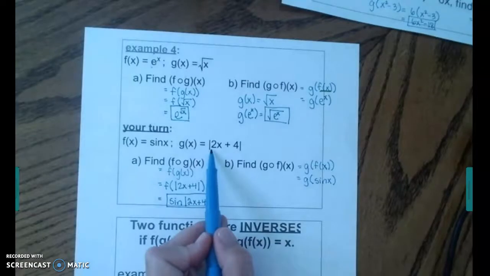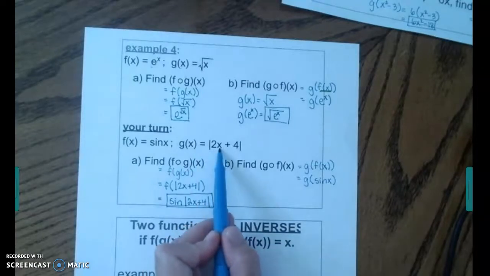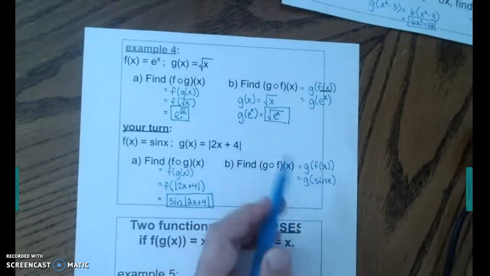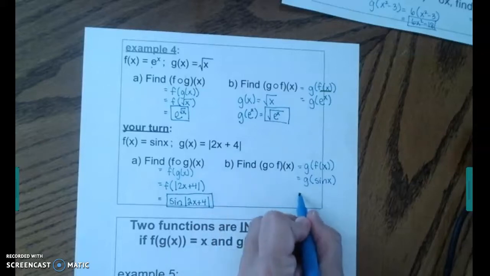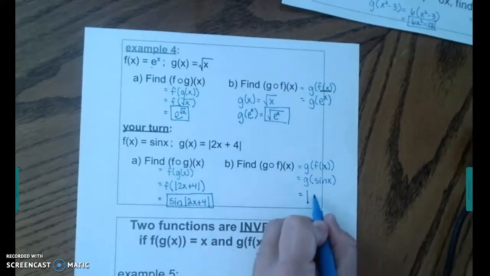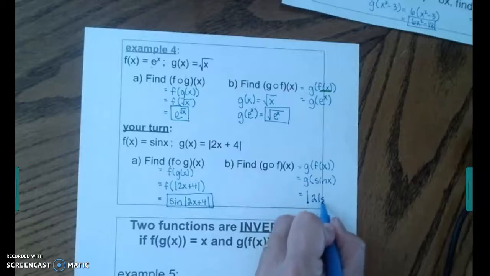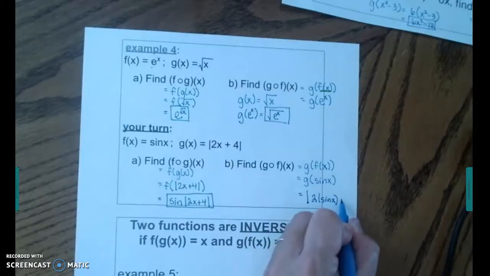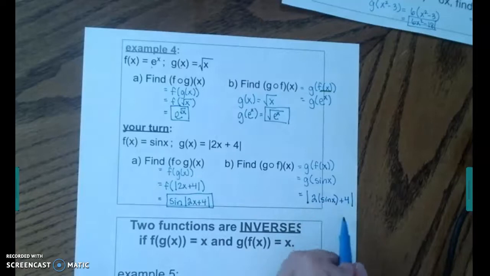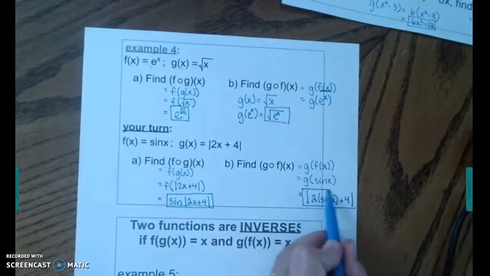So I'm going to go here to g of x. Anywhere I see an x, I'm going to substitute sine of x. So that's going to say absolute value of 2 times sine of x plus 4. And we can't simplify that, so that will be your answer.